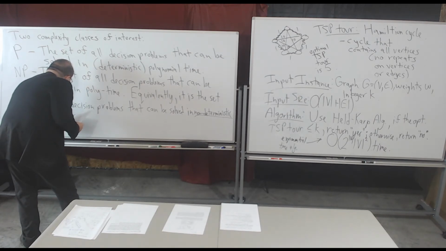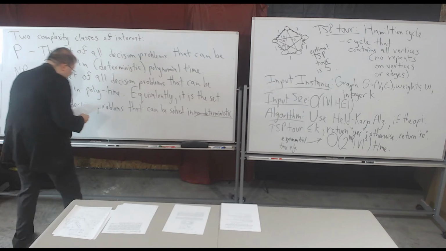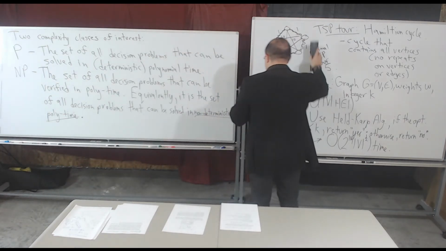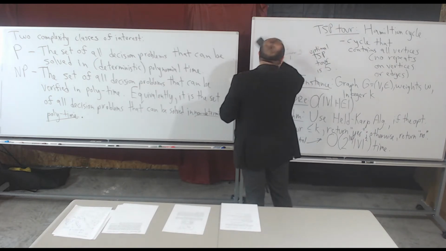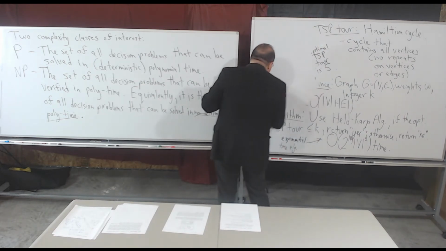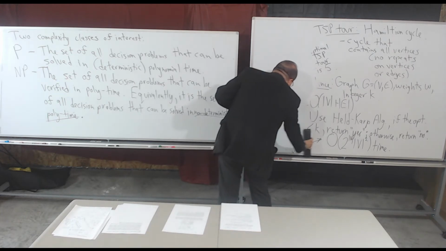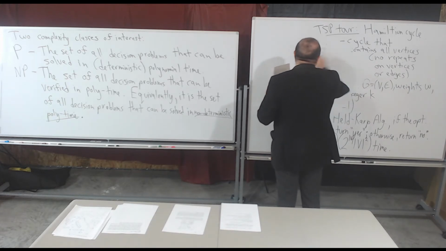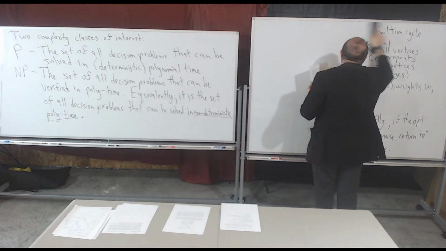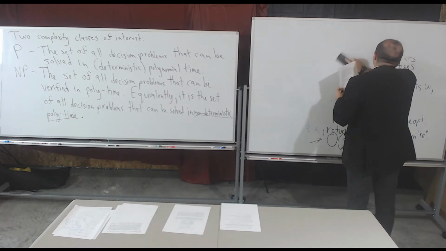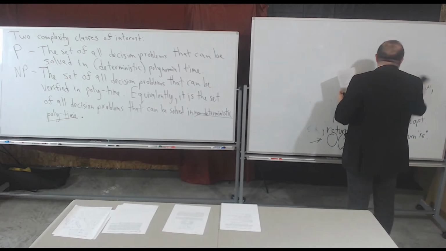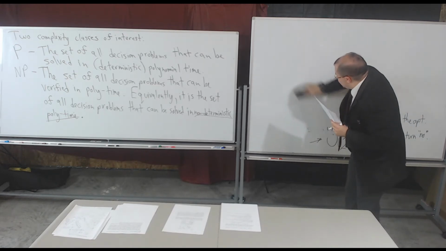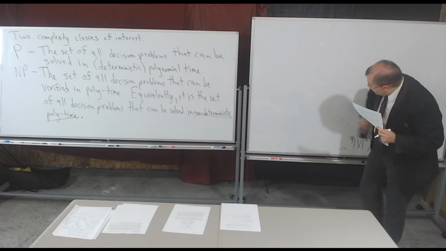So that's where the N in NP comes from. Okay, so those are our two definitions. Now P is very intuitive and simple. And oftentimes you'll broadly see that P is not even classified just as decision problems. I'm going to be a little bit more particular in this course. So when I say P, I think decision problems. But usually you can get away with just saying P consists of all the problems we can solve in polynomial time. Good enough. But I'll try to avoid doing things like that.